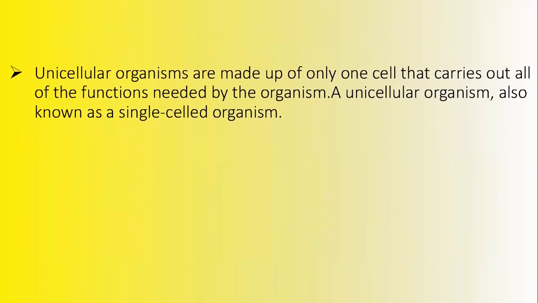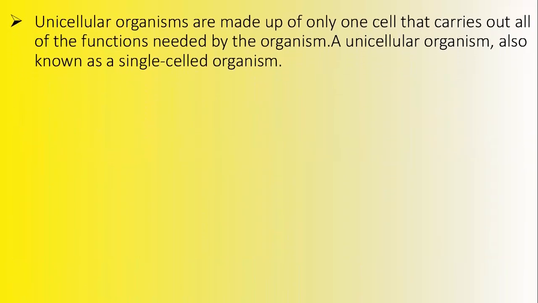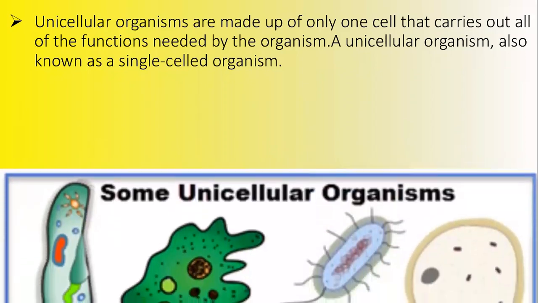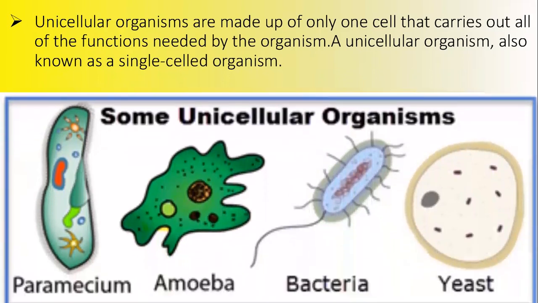The definition is displayed on the screen. Unicellular organisms are made up of only one cell that carries out all of the functions needed by the organism. A unicellular organism is also known as a single-celled organism. Some examples of unicellular organisms are paramecium, amoeba, bacteria, yeast.